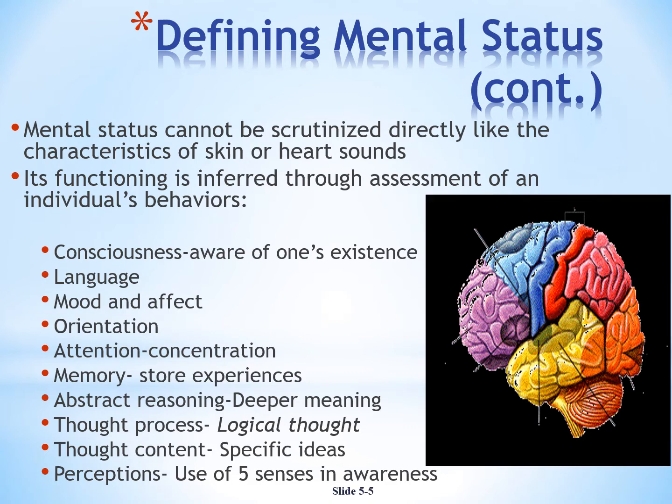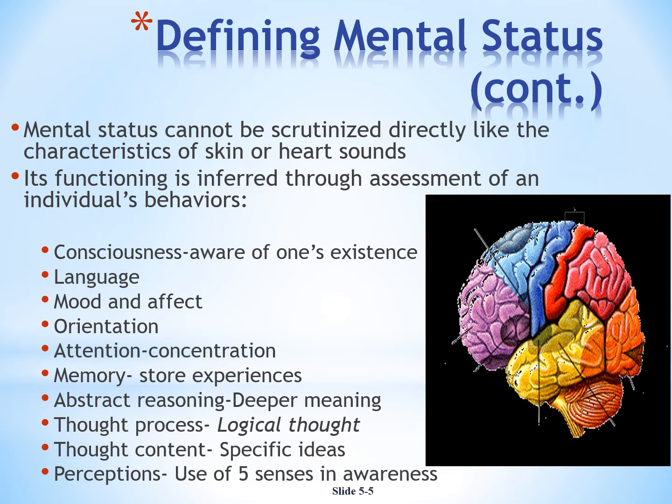The person's language, how they're speaking, their mood, their affect. A person could be depressed, they could be sad, right? Their attention as well. A person that is under a lot of stress, their attention span is very short. And then maybe the person's thought process, is it logical or illogical? And then the thought content.